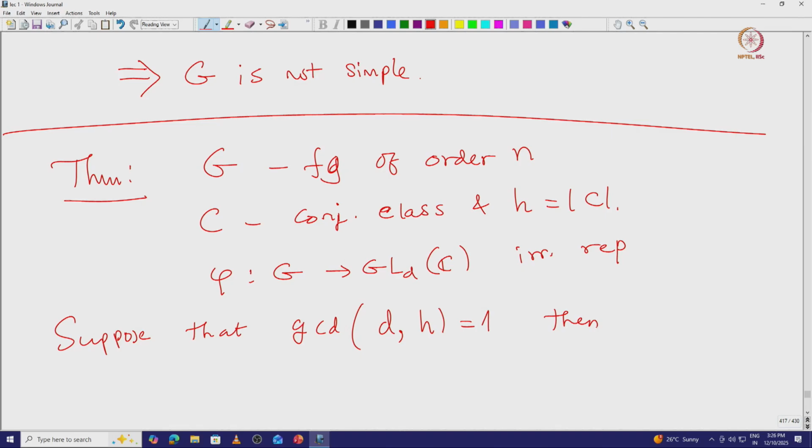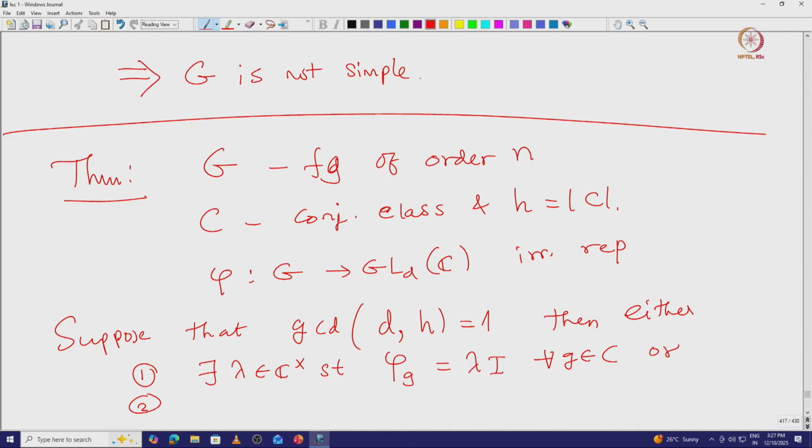Then we have the following: either one, there exists lambda in C cross such that all the actions phi of g are given by lambda times identity for all g in C, or two, the character value chi phi of g is going to be 0 for all g in C. Note that the character value is constant on the entire conjugacy class C. If there exists some g in C such that chi of g is 0, then we can conclude 2.